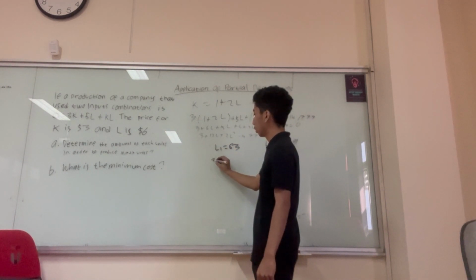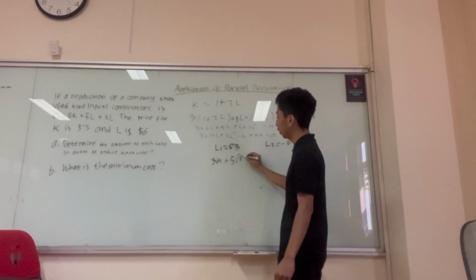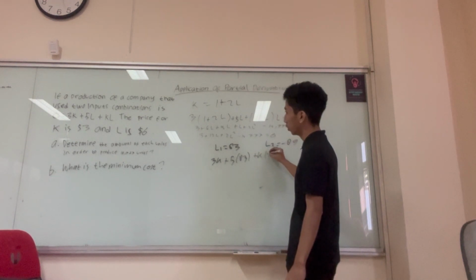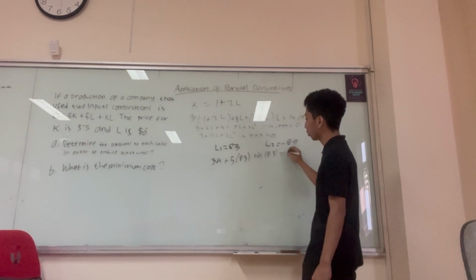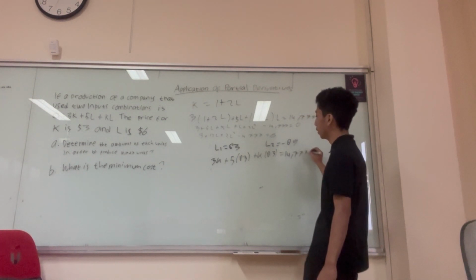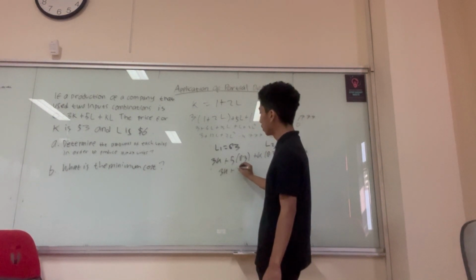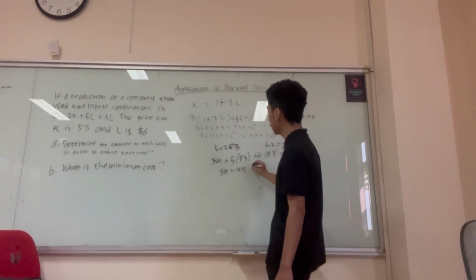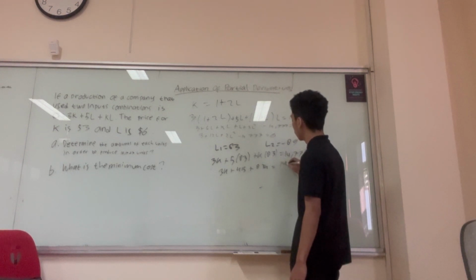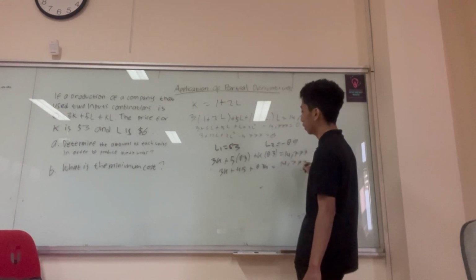So 3K plus 5 times 83 plus KL equals 14,777. So 3K plus 415 plus 83K equals 14,777.